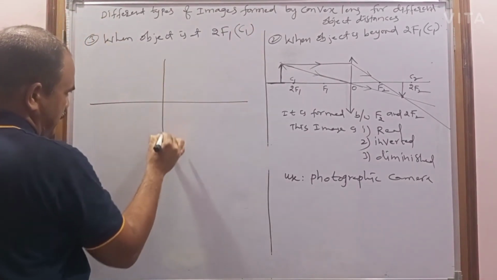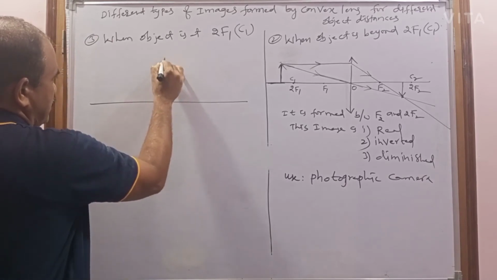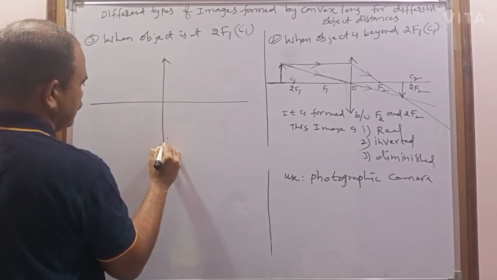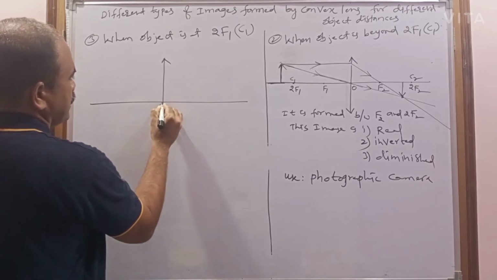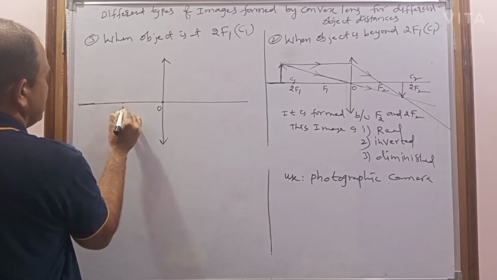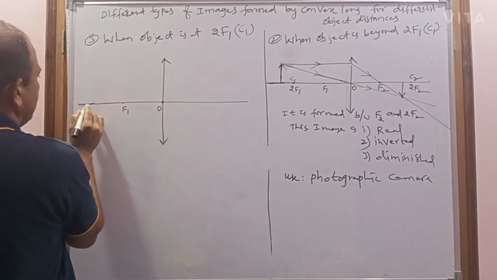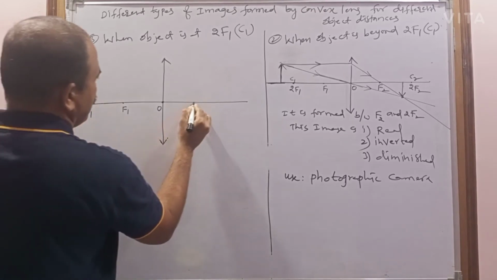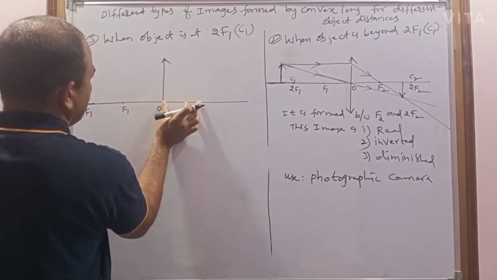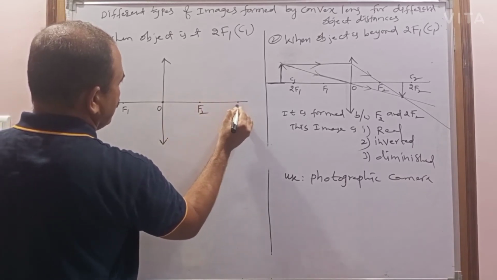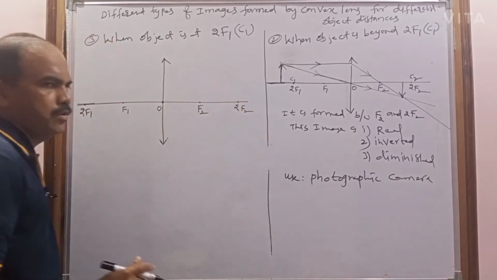So let us consider this is the convex lens and this is the principal axis. This is the optic center. Consider this is f1, this is 2f1, this is f2, and this is 2f2.